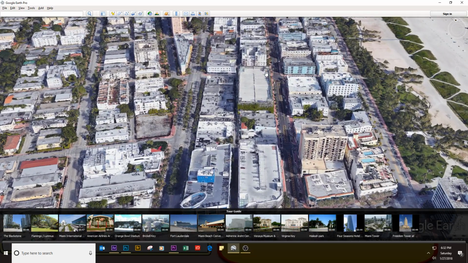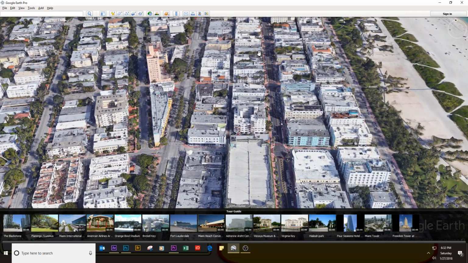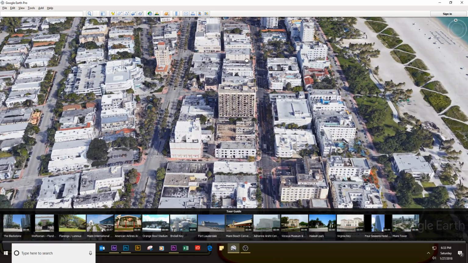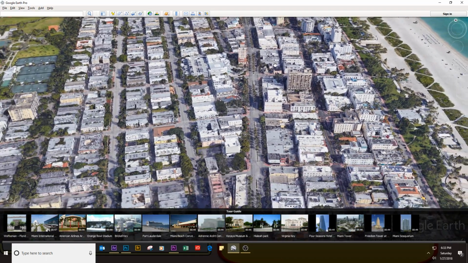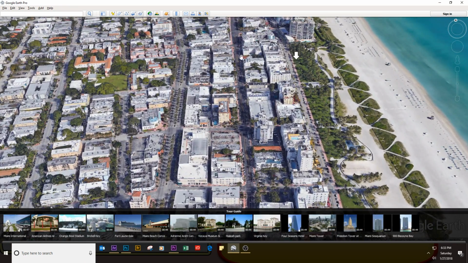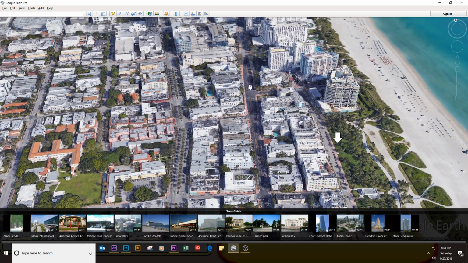As you can see, these are condominiums. These are houses, apartments. You can see how concentrated they are. There's also all the South Beach here. Ocean Drive, Collins.